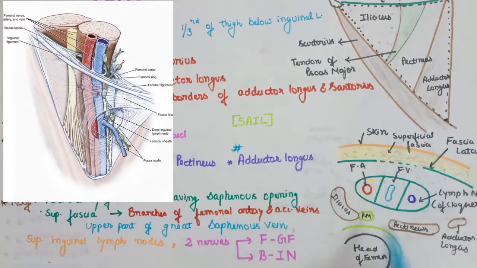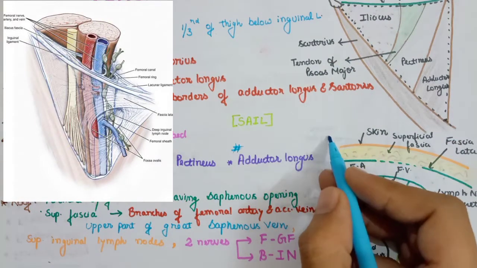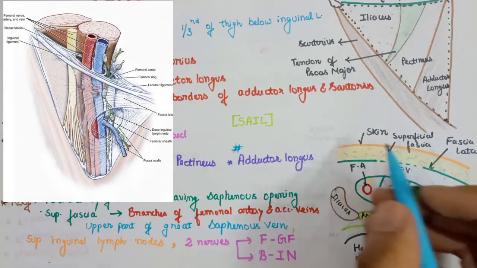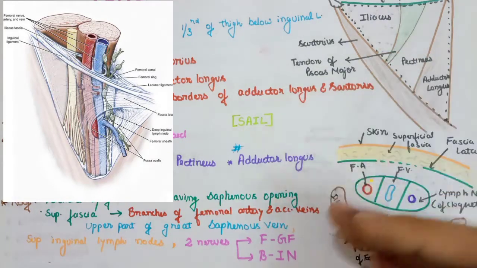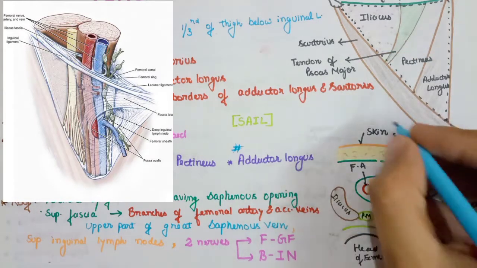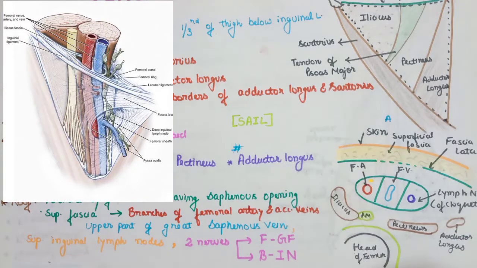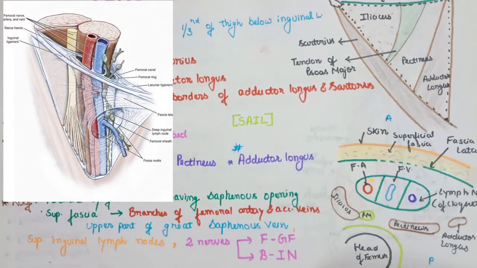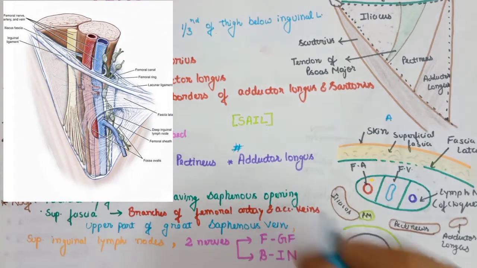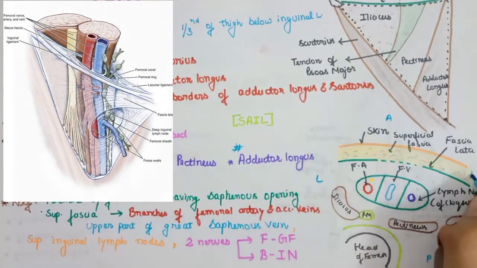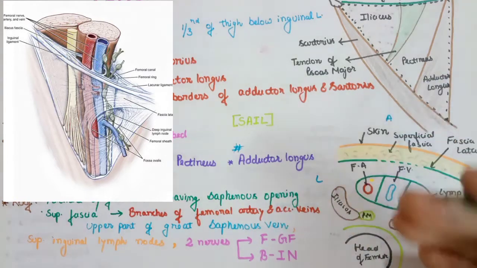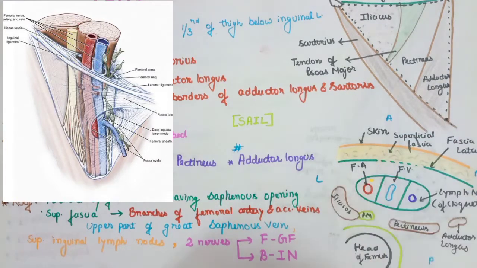This is the lateral side, this is the medial side, this is the anterior and here is the posterior. Anteriorly we will have the skin, then the superficial fascia, then the deep fascia, then the contents of the femoral triangle along with the muscles.